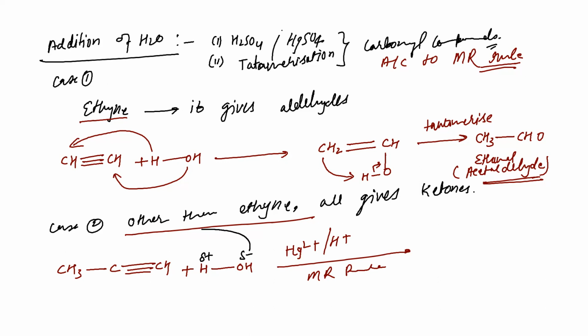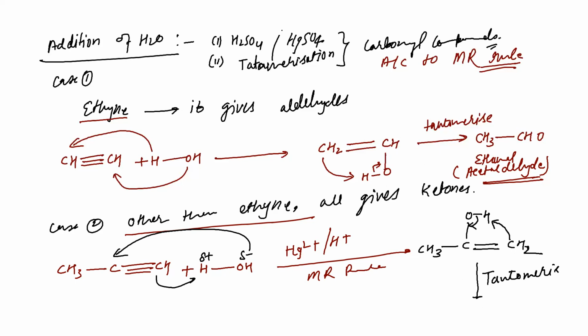The negative charge goes to that double bonded carbon which has less number of hydrogens. So on the second carbon it is C-OH, then CH. Now this is accepting this hydrogen and the bond shifts, so this is going to be tautomerized. So the product you get is CH3, C double bond O, and CH3. This is the reaction we got.